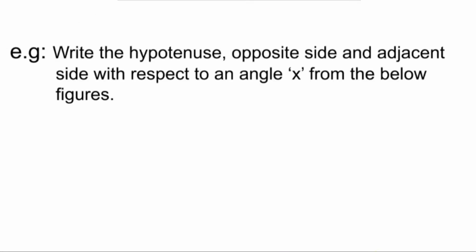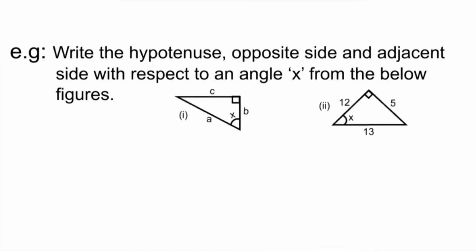Children, now let us take an example. Write the hypotenuse, opposite side and adjacent side with respect to an angle x from the below figures. So let us start. In figure 1, we know that the side opposite to a right angle is known as hypotenuse.